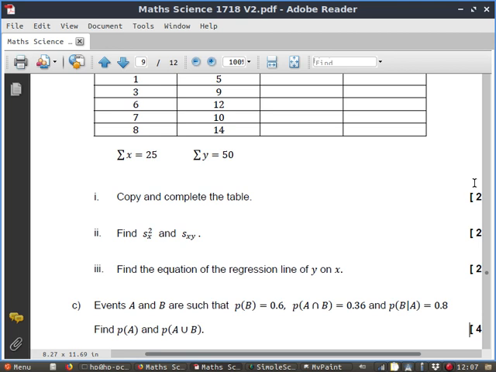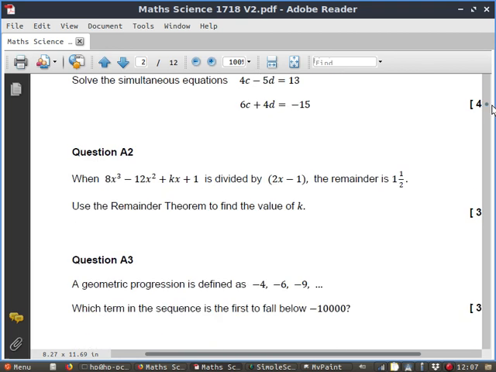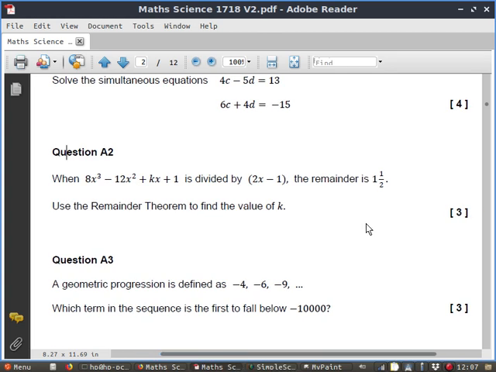Remainder theorem. Let's see if you can remember how to do that. When that is divided by that, the remainder is, now what is this number here? It's a mixed number. What is its value? 1.5, or 3 over 2, if you prefer. Okay.